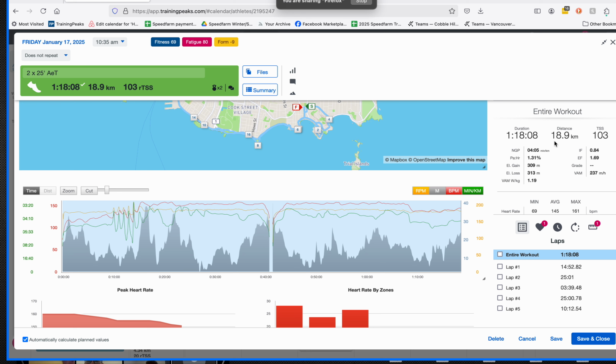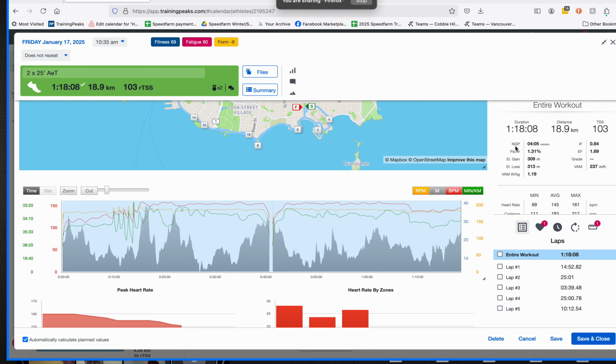So that all makes sense. That reflects that this was quite a bit easier than half marathon pace on average, which is where the threshold would be. So that's where these numbers come from. It's a product of how intense your workout was and the duration. So there's a lot of different ways to get to this TSS number.